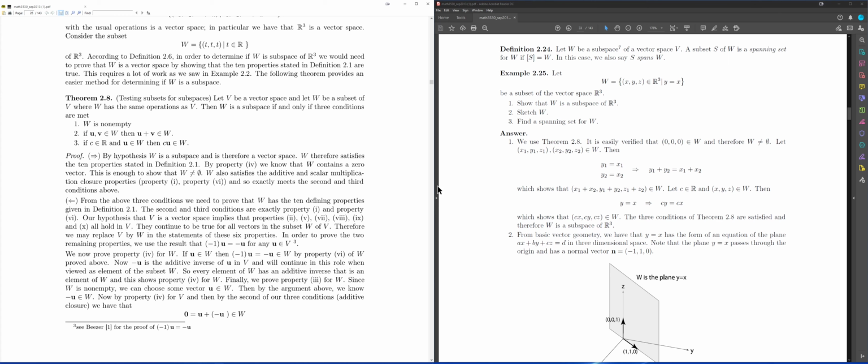And now for the third condition, I pick a vector in W, so I pick a vector in W here. Notice that this vector in W will satisfy this condition that the y is equal to x, right? Okay, so I pick a vector in W. I pick a scalar c in R, right? And now, well, I know that the y is equal to x, right? And if the y is equal to x, I can multiply by a scalar to give me that cy is equal to cx, right?